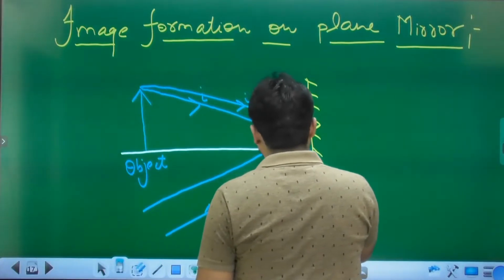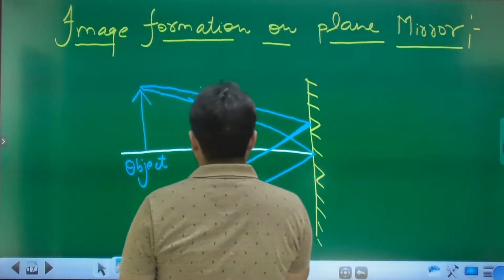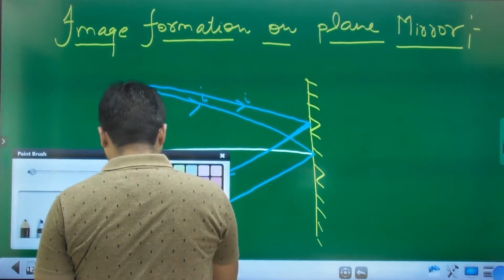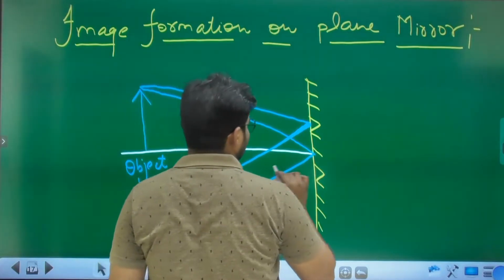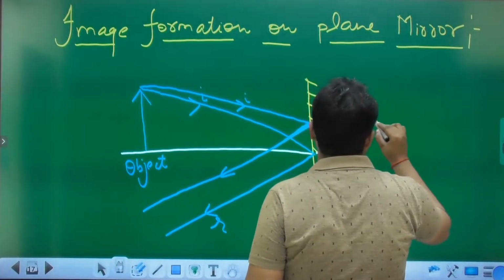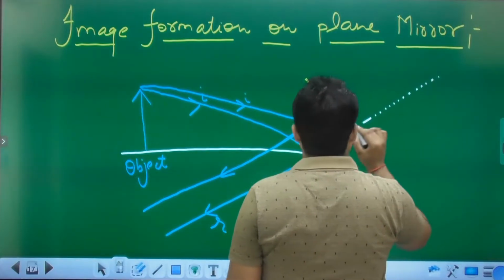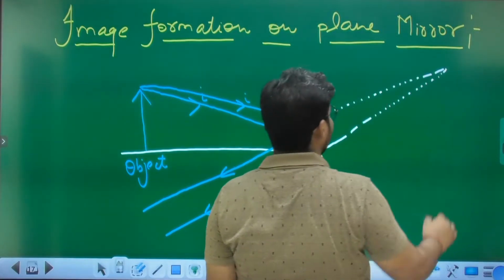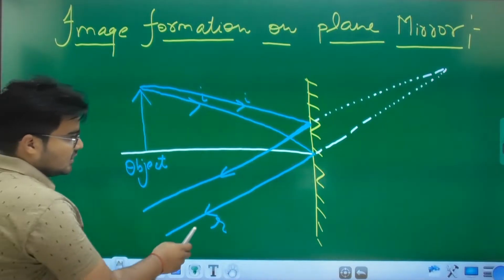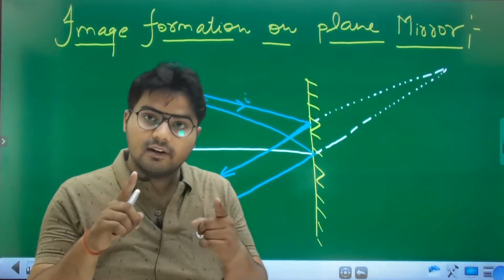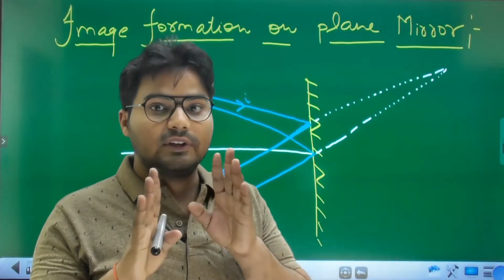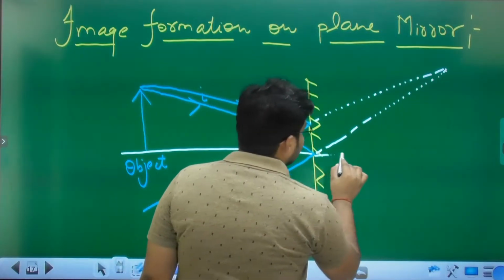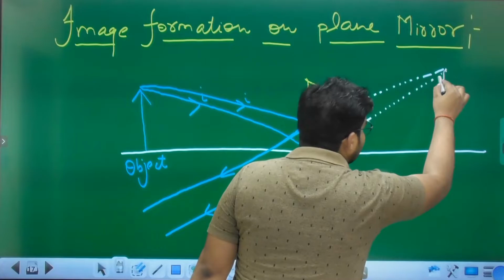Now you see that the lines are not meeting, and whenever the lines are not meeting, the image is not formed. So we produce these lines to the back side, so the image is formed here. Clear?